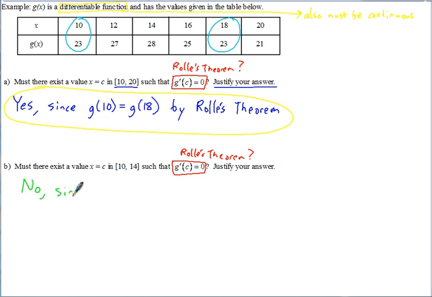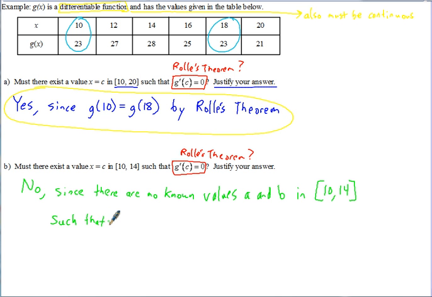Your justification would be since there are no known values A and B in the interval from 10 to 14 such that g of A equals g of B. That's what we're looking for.